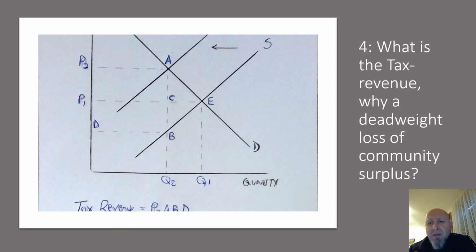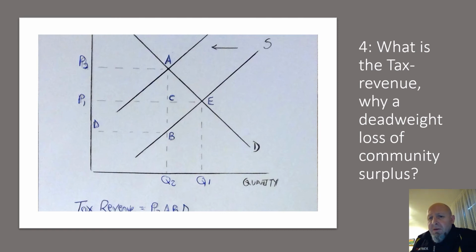The original supply curve S shifted inwards as denoted by the arrow to S plus tax. Now this caused the quantity demanded to drop from Q1 to Q2, and thus you can see we have lost a triangle of community surplus denoted by AEB. That is gone. This has reduced the producer revenue.